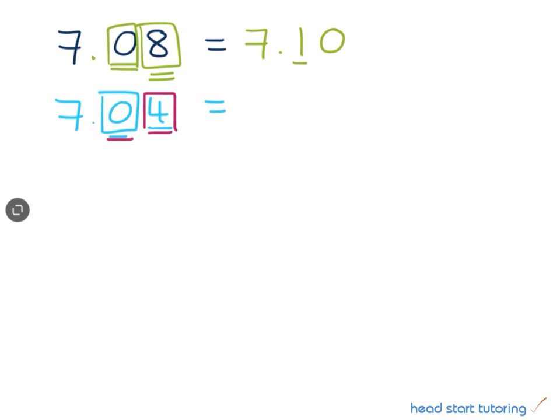So we're not going to add 1/10 to this number. It's just going to stay the same, because this 4 is telling us that 7.04 is closer to 7.0 than it is to 7.1. So our answer will be 7.0 when we round 7.04 off to the nearest tenth, or just 7.